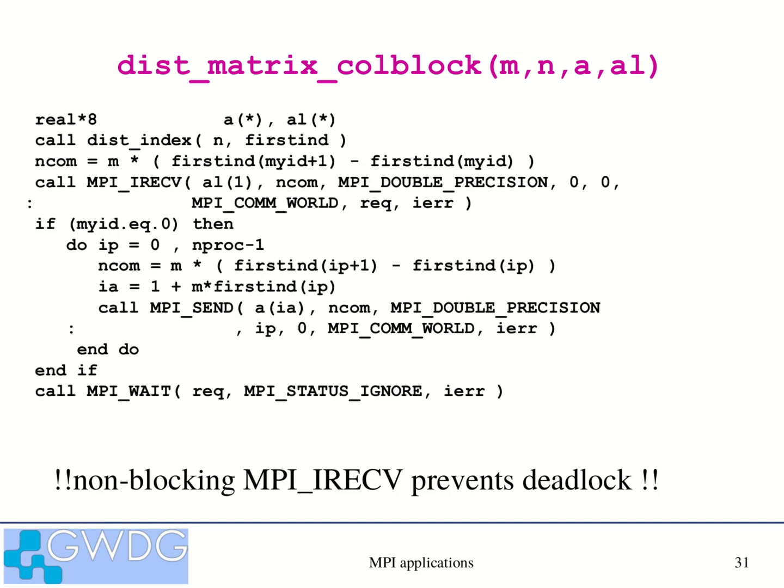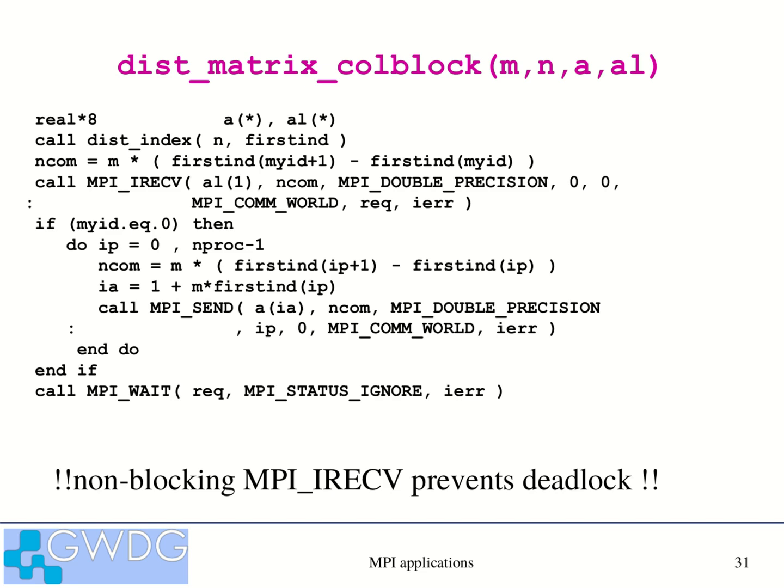So process 0 here calculates the number of elements it will send. Part of the global matrix, which is residing on process 0, will be sent to process IP.